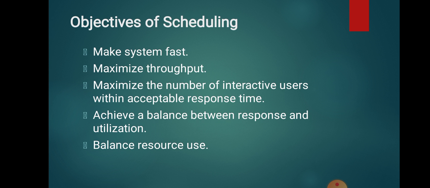The fourth objective is to achieve a balance between response and utilization. Utilization means we utilize the CPU in a very balanced way. Response time is the time, or how many fractions of a second, within which the process is completed. Similarly, the resources are used in a balanced way.